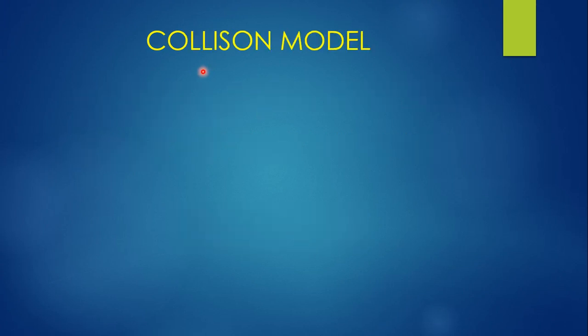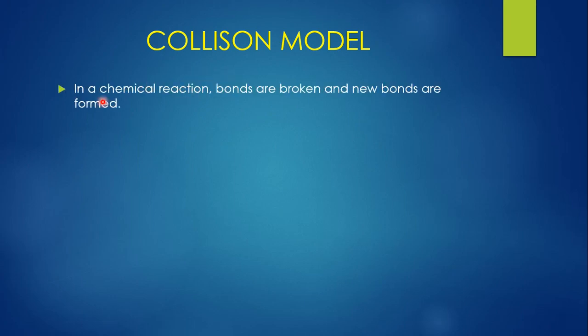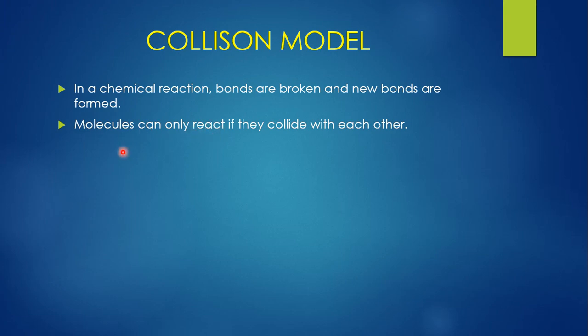Now we need to know about the collision model. So what are you supposed to know here? Note that in a chemical reaction, bonds are broken and new bonds are formed. Molecules can only react if they collide with each other. So for a reaction to occur, there must be molecules that collide with each other, in physical contact.